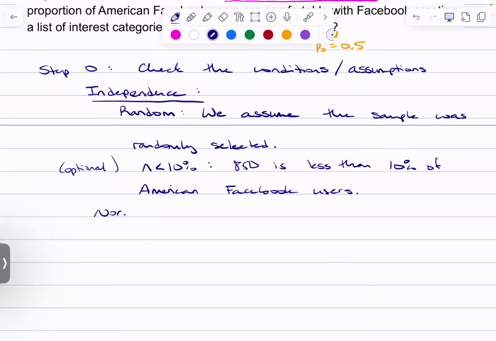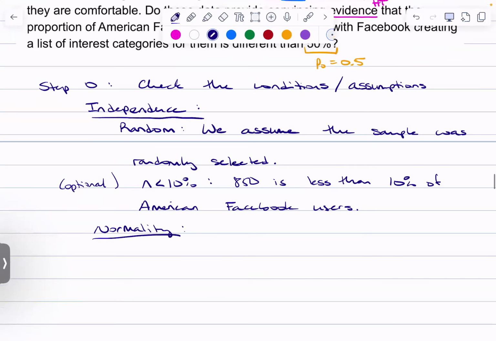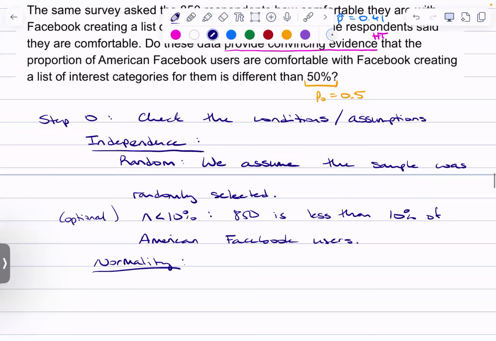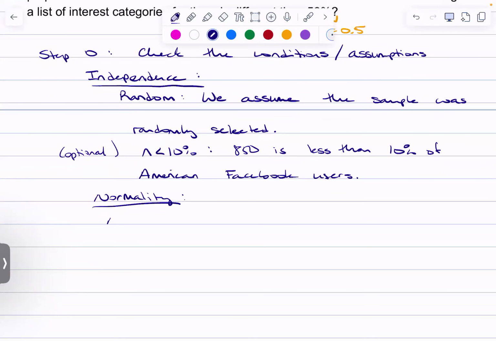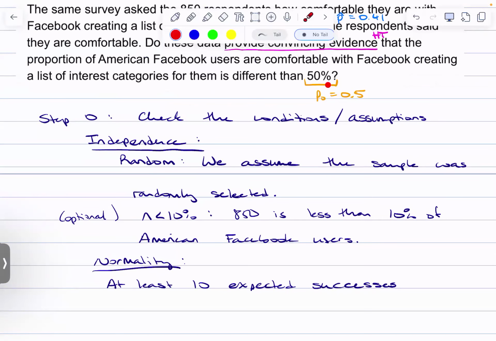Now, how about the normality part? Since I'm only doing a hypothesis test, like I said, I only need to check the expected successes and the expected failures. And so we need at least 10 expected successes. Now that's the expectation at p equals 0.5.